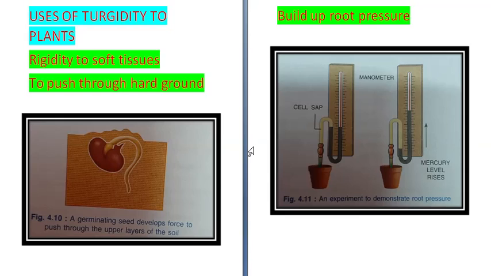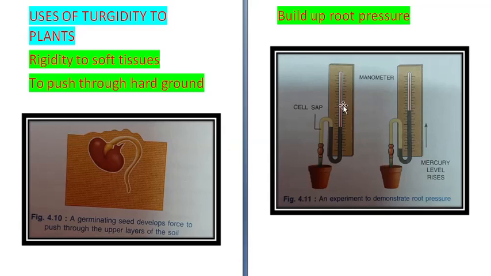The next use is that it helps to build up root pressure. Now if you take a well-watered potted plant, suppose a balsam plant, and a few centimeters above the soil you cut it and add a tube to it, through a rubber connection water starts coming out of its stem, and let it be connected to a glass tube.